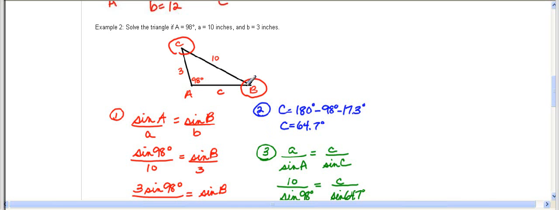Since we know everything pertaining to angle A and its opposite side, and we know the side opposite angle B, we're going to set up the ratio of sine A over a is equal to sine B over b. So we get sine of 98 degrees over 10 is equal to sine of B over 3.